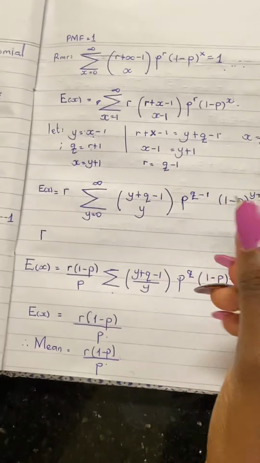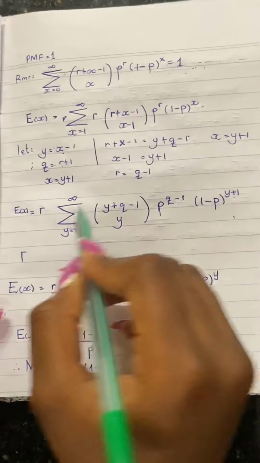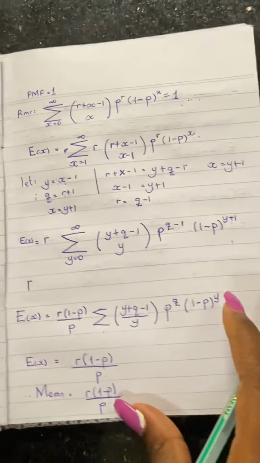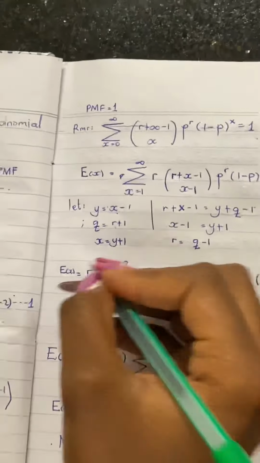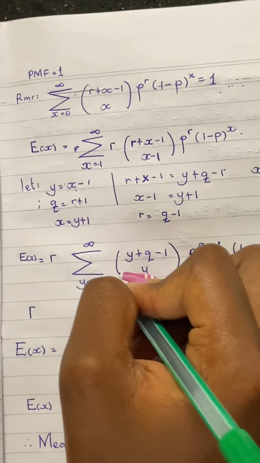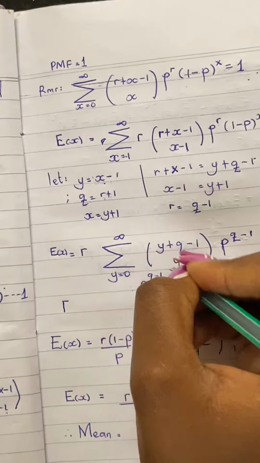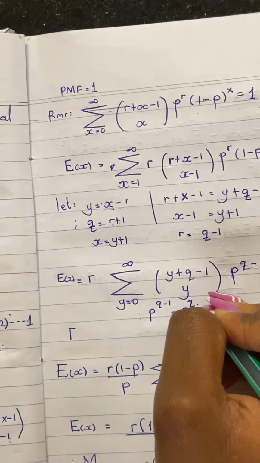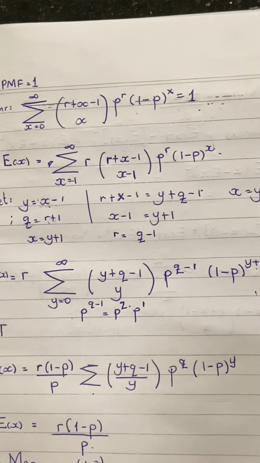Here, we're a few steps from making our equation similar to our PMF. So we're going to expand the segment p to the power q minus 1, and it's going to be p to the q times p to the negative 1.